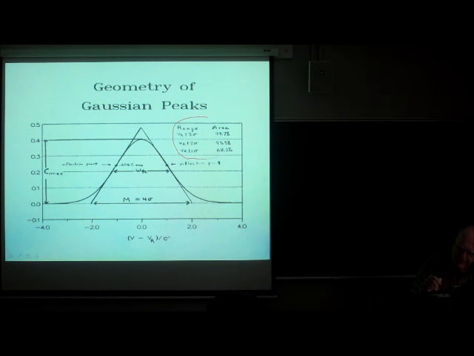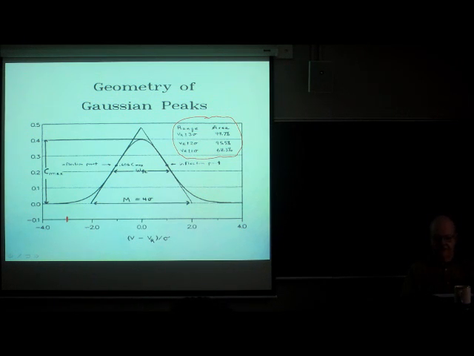Okay, so let's look at this Gaussian peak now. This is an important little chart. It says that if you were to start integrating the peak here at V minus VR equal to -3 sigma, and then stop integrating the peak over here, where V minus VR is again equal to +3 sigma, you would recover 99.7% of the maximum peak area.